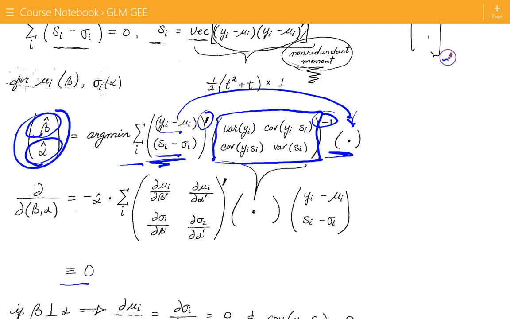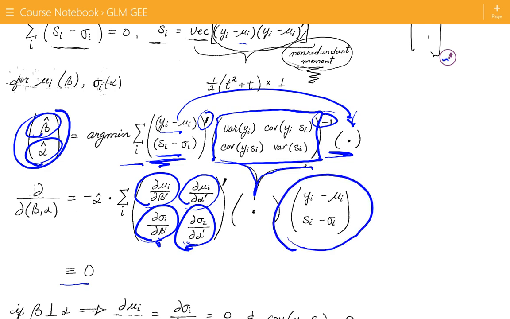The negative 2, the summation of the first derivatives: derivative of the mean functions with respect to beta, derivative of the mean function with respect to alpha, derivative of the variance and covariance functions with respect to the betas, which is, again, originally in the mean functions, and the derivative of the variance covariance functions with respect to alpha, times this variance covariance matrix inverse, times our vector of moments. We're going to set that equal to 0.